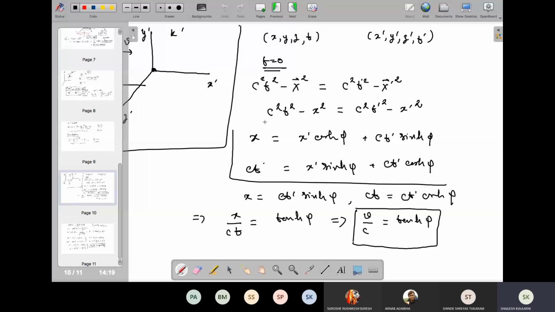There is Landau and Lifshitz volume 2, Classical Theory of Fields, for special relativity. It's an excellent textbook. These two textbooks, Landau, Lifshitz, and Jackson, we will be following for at least the next 5 or 6 lectures. Okay, so I will stop.